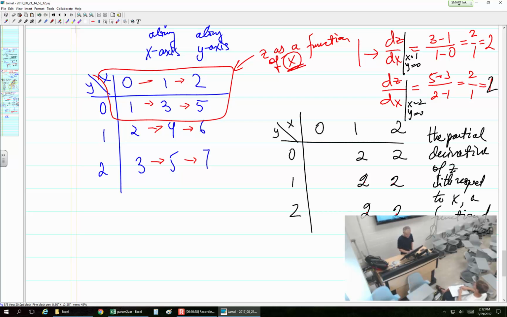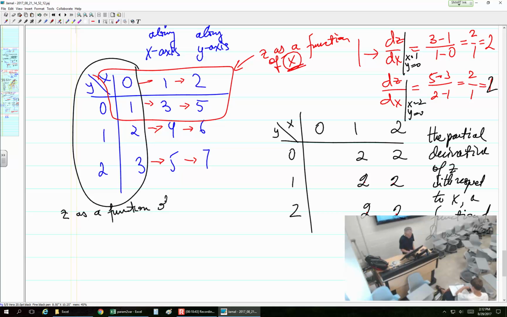The second one is, this time, we choose z to be a function of y. Okay, so z as a function of y. The procedure for computing it is exactly the same, except we're going vertically this time, so like this.